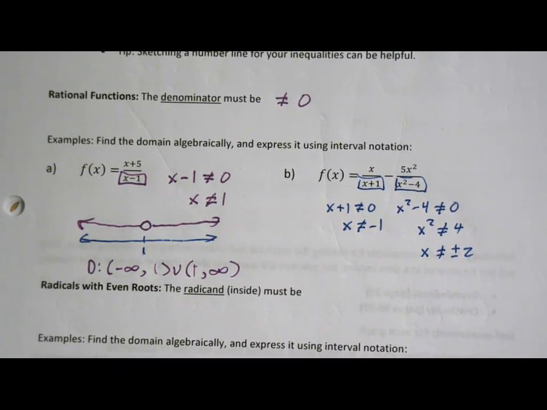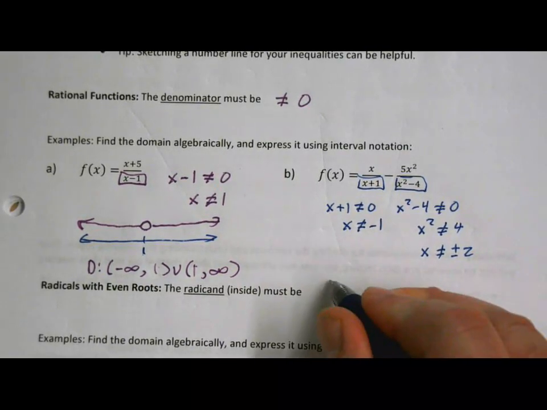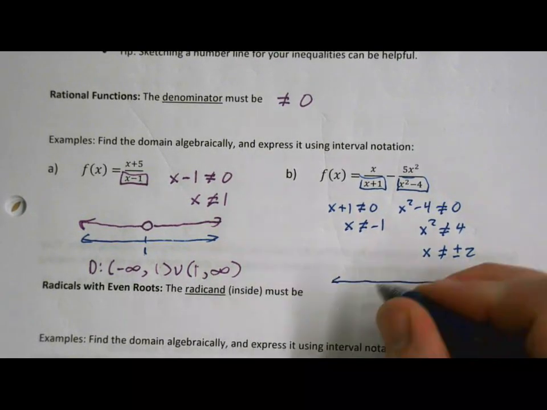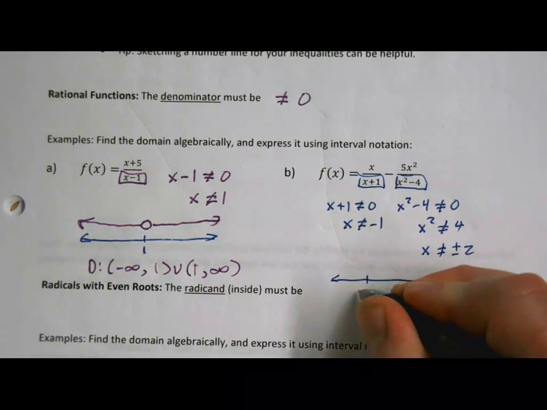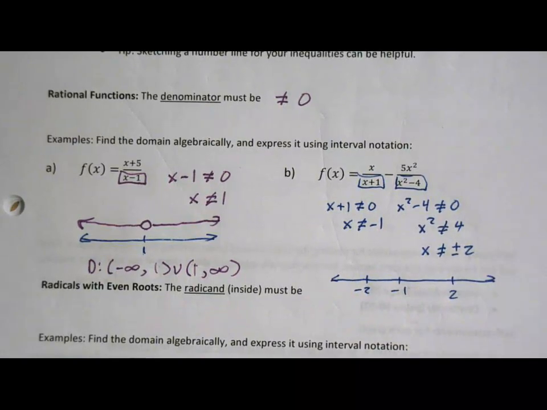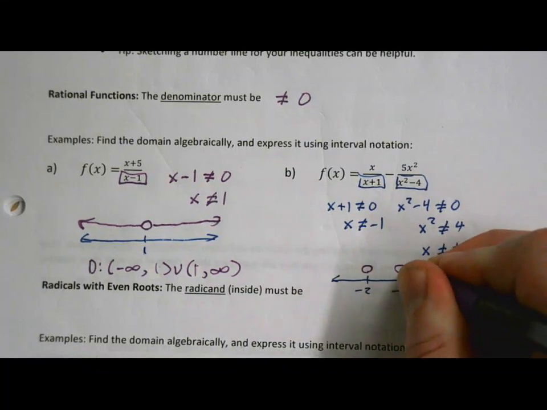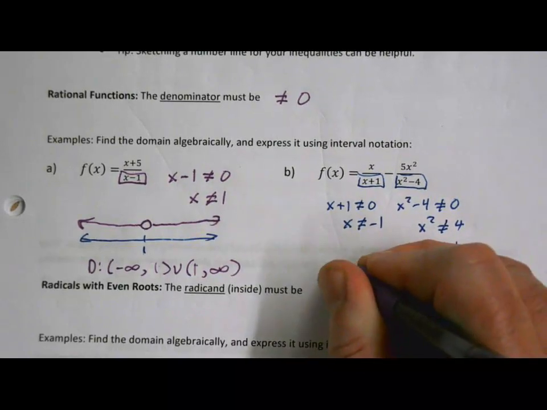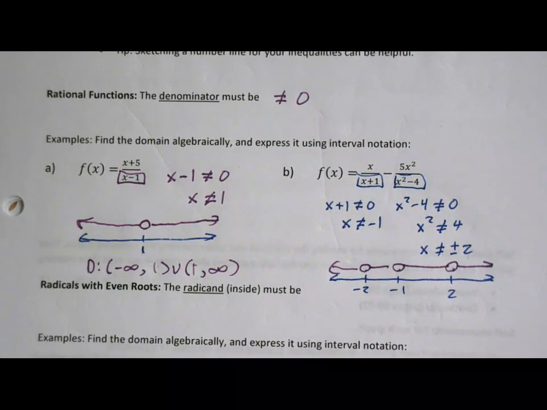Is that what you guys are coming up with? Awesome. So let's make a little number line and put some open dots at those spots and write interval notation, and I'll try not to screw this one up. I need to put these numbers in order. -2 would be the smallest, then -1, and then 2. So we're looking at 1, 2, 3, 4 intervals this time.